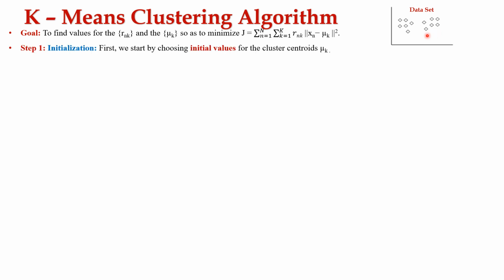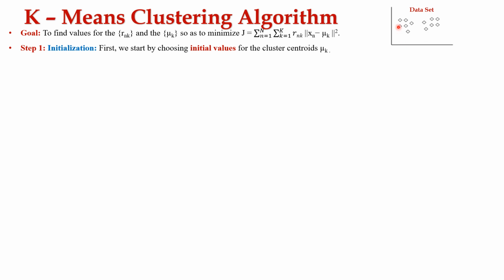Now let's learn in detail about the k-means clustering algorithm. Our goal is to find the values for r_nk and mu k so as to minimize the objective function J. Let's consider these data points as the input data set for our k-means clustering algorithm. Step 1 is initialization. So we start by choosing initial values for the cluster centroids mu k.